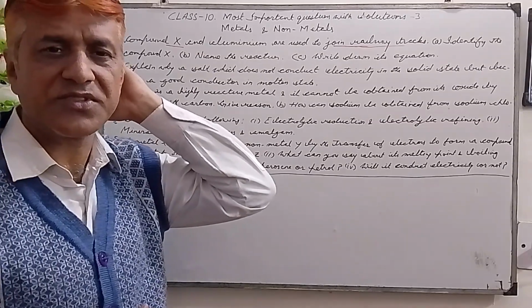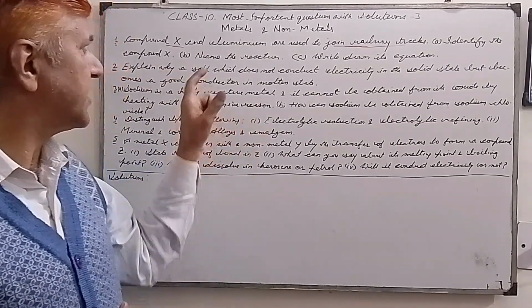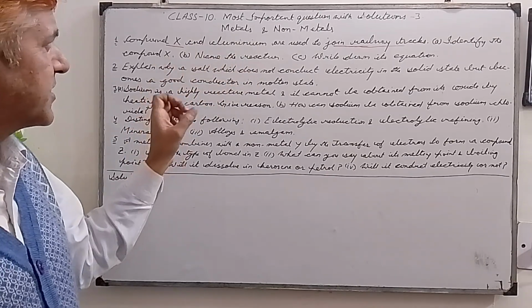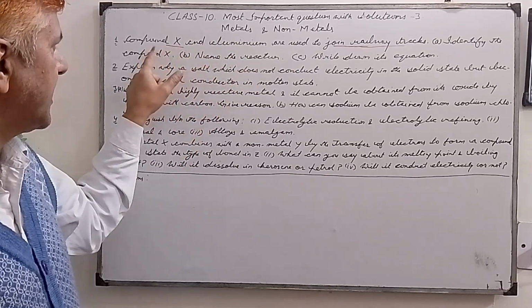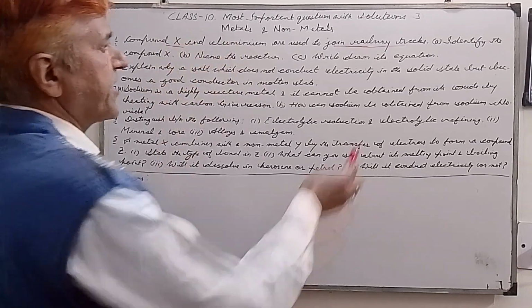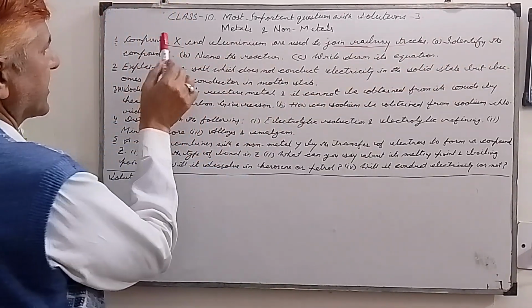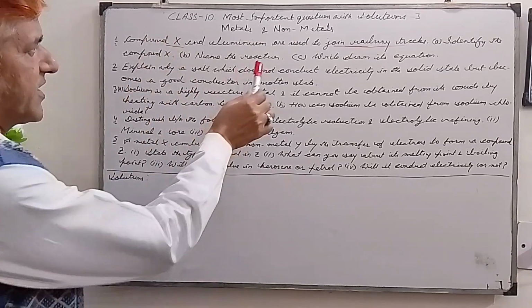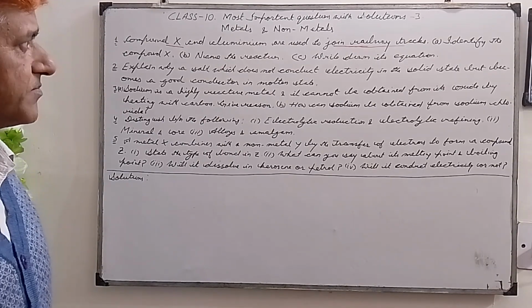Please remember this is very important. Once again, the two chemicals which we use in Thermit welding are iron oxide and aluminium. So identify the compound X. X is iron oxide. Name the reaction: Thermit reaction.